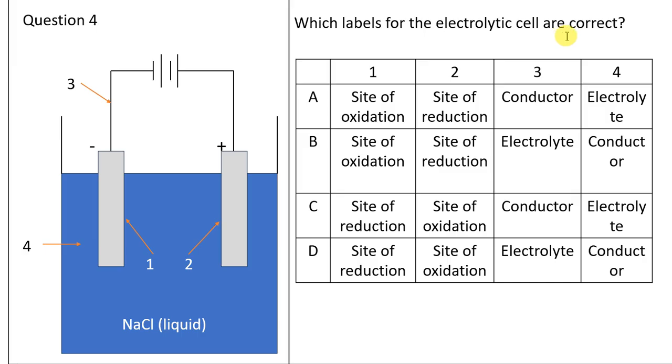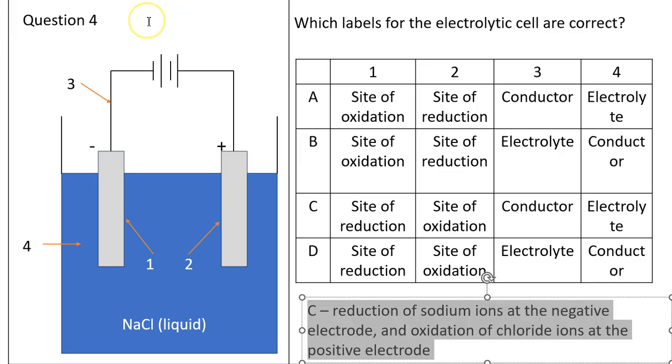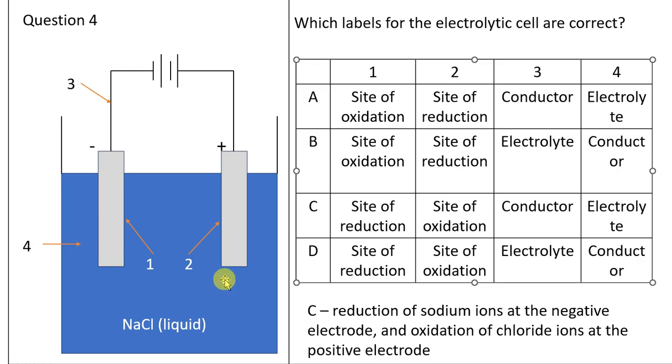Which labels for the electrolytic cell are correct? Again, I'll pause for a moment. Okay, so here I'm looking at liquid sodium chloride, so molten sodium chloride. Sodium ions attracted to the negative electrode.